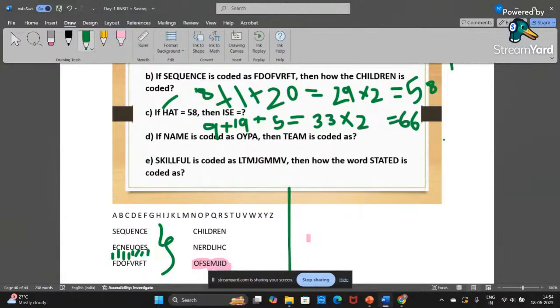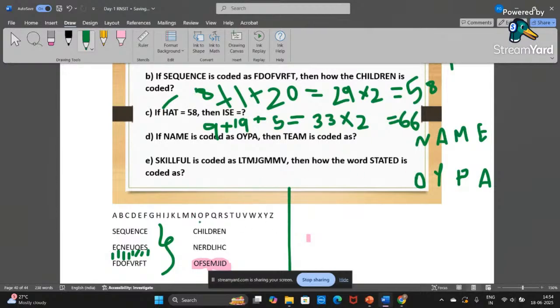NAME. Name is recorded as OYPA. So see the alphabet here.